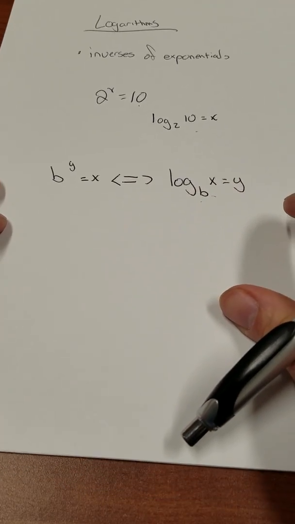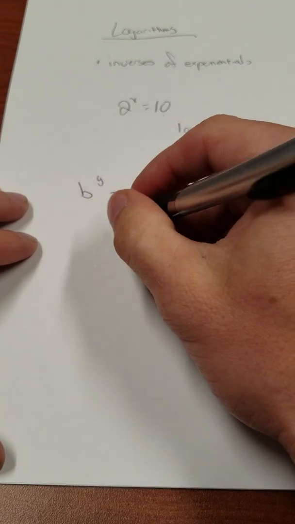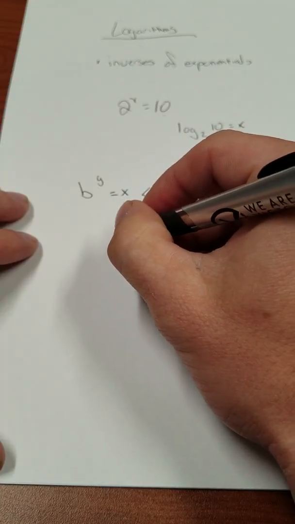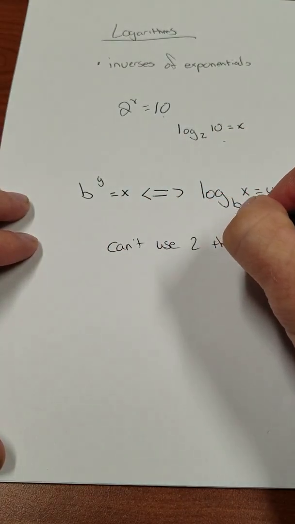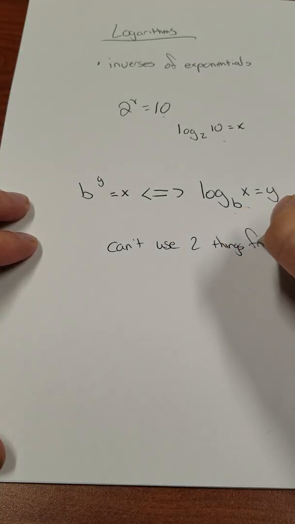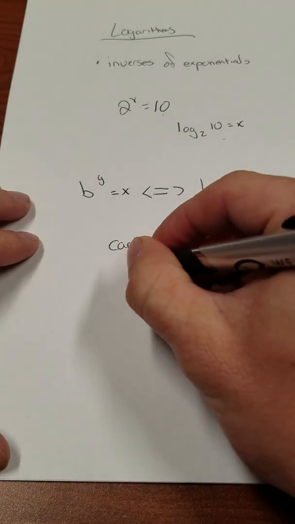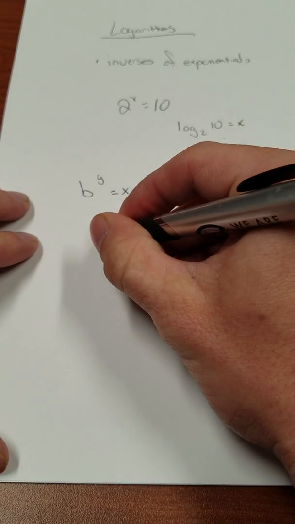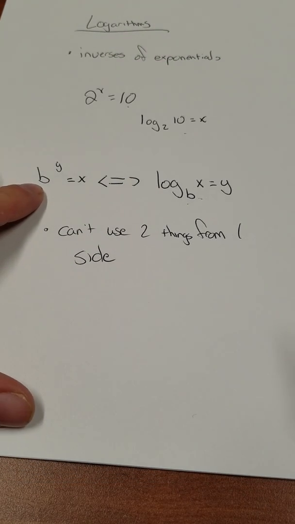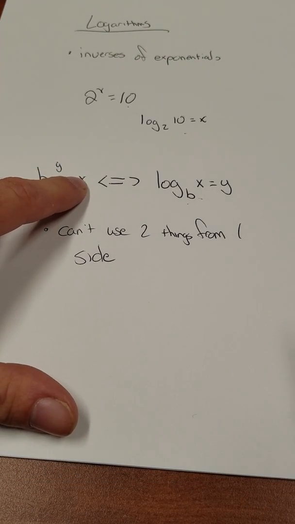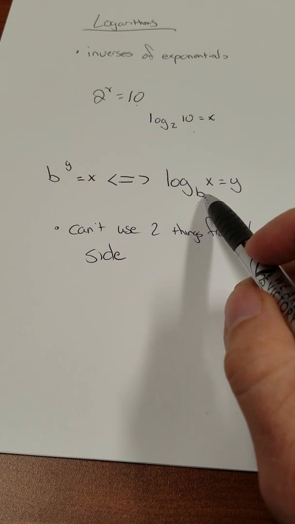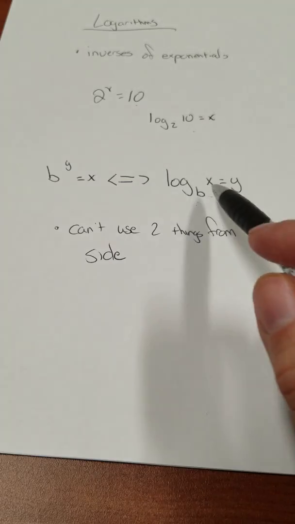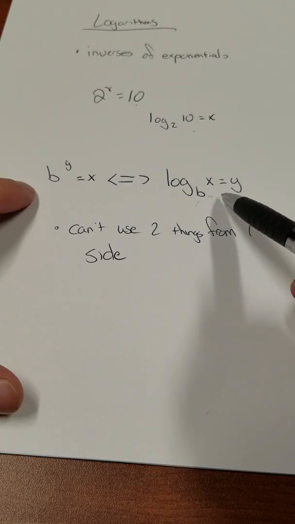So the way that I like to think of this is, you can only use one thing from each side. Can't use two things from one side. So we use the base, so we couldn't use the y, so we have to use the x. All right, and this goes back and forth. If we are given logarithm form, the base stays the same, to the y equals x.